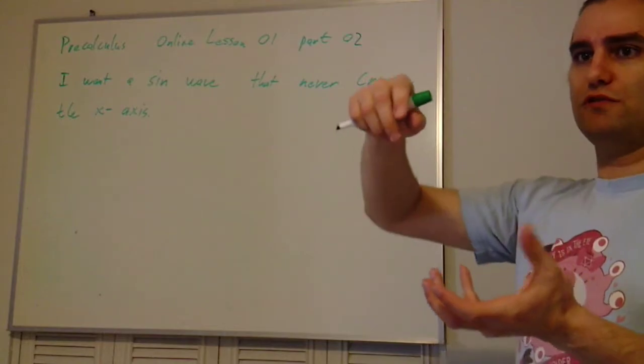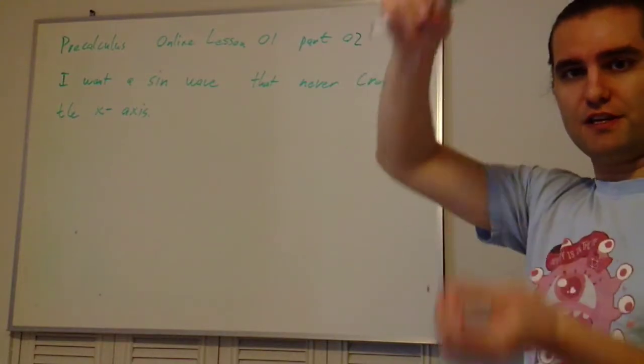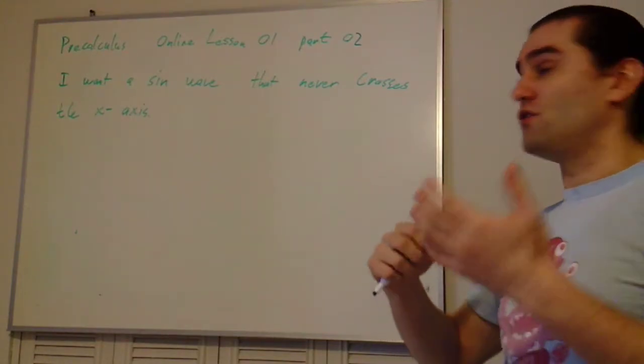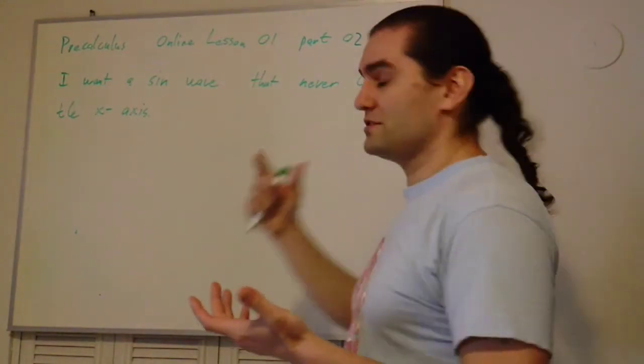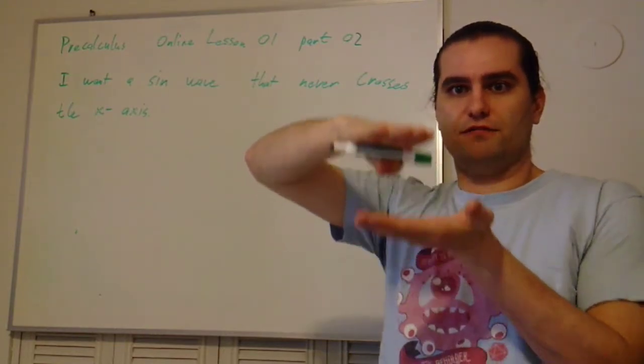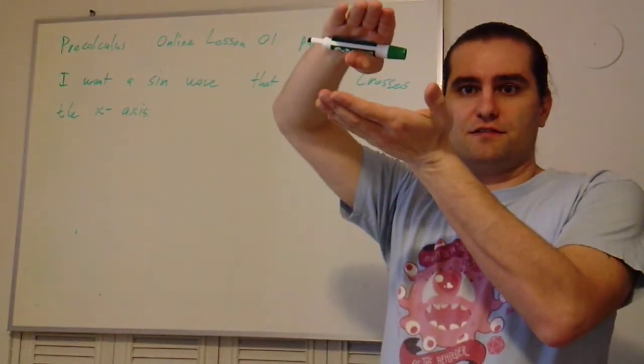So stretching or shrinking this is not going to help. Moving it side to side is not going to help. The only way you can get a sine wave that never crosses the x-axis is to vertically shift the entire wave above the axis.